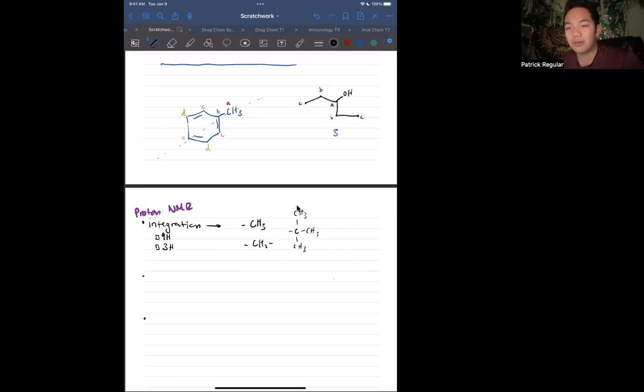Each of those methyl hydrogens are equidistant to that middle carbon and probably equidistant to all the other groups. Like if this was, let's say, in a simple OH, these hydrogens, A and A, are 2 carbons away from the OH group. They're chemically equivalent. They are pretty much identical.